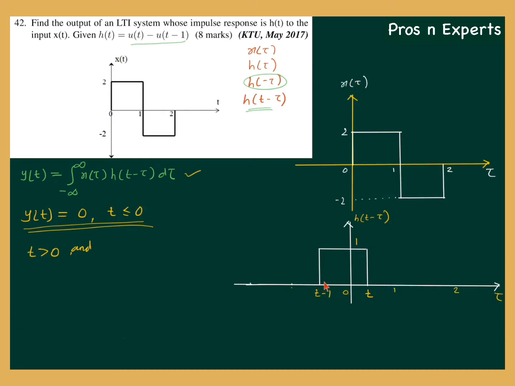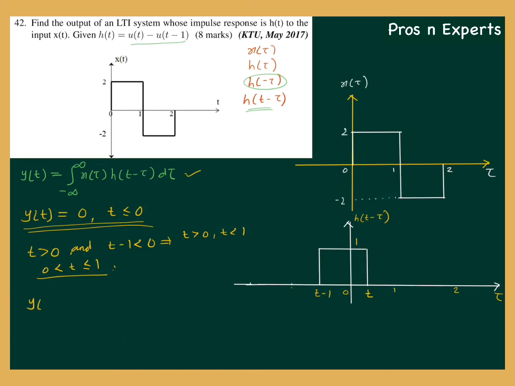The trailing edge is not overlapping, that means t minus 1 is less than 0. That gives t greater than 0 and t less than 1, or combining, 0 less than t less than or equal to 1. So this is the new condition in which we are going to evaluate the output.